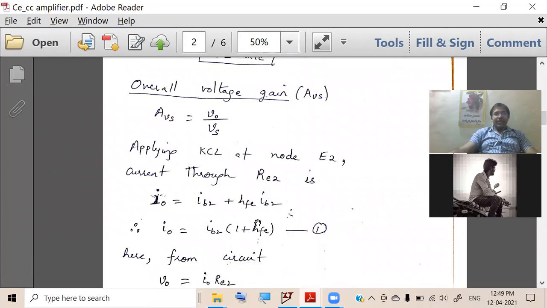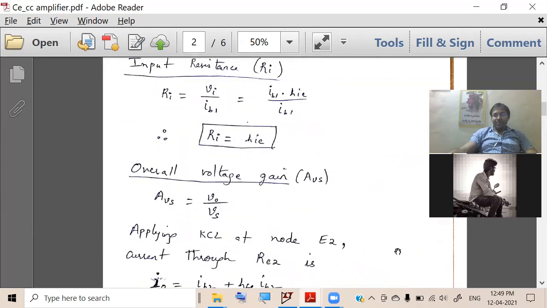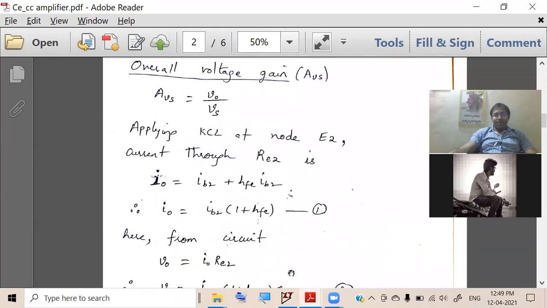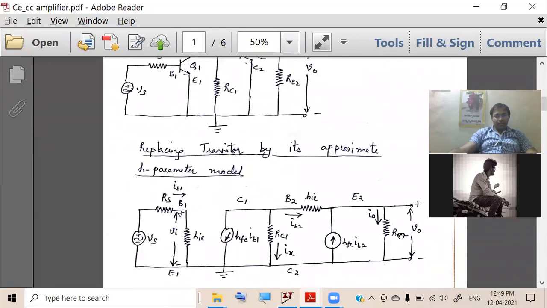Next, again, if you look at this circuit, what is V naught? V naught is I naught into RE2. Just now I found I naught, so let me substitute. How did you get this I naught into RE2? From the circuit, Ohm's law: current into resistance is V naught.